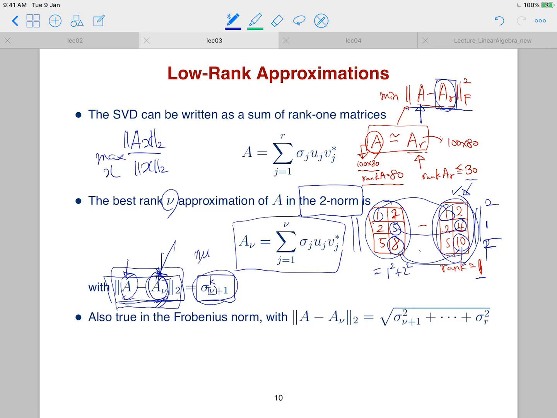Right? So we freely change the direction of our vector X, and then we pick up such a vector that maximizes the vector length in the resulting vector after this matrix multiplication.